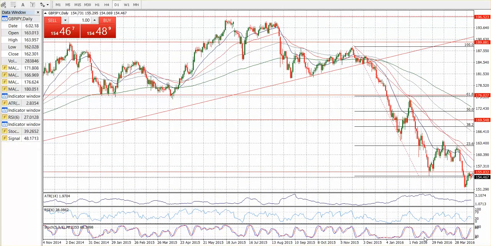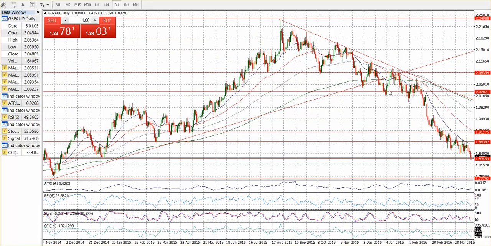Pound Japan, again you can see it coming down, checking these fib levels. Again, we're looking for the right sort of entry point for that. And also pound Aussie, just looking for it to come back up, retest one of these EMA support lines, give us a high test bar, something that's indicated it's going to go down, and we'll be looking for entry points there.